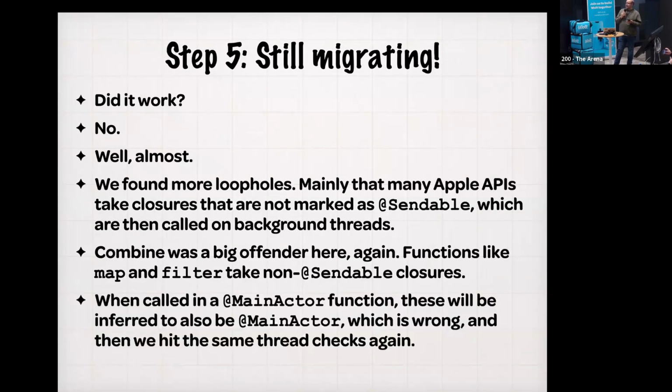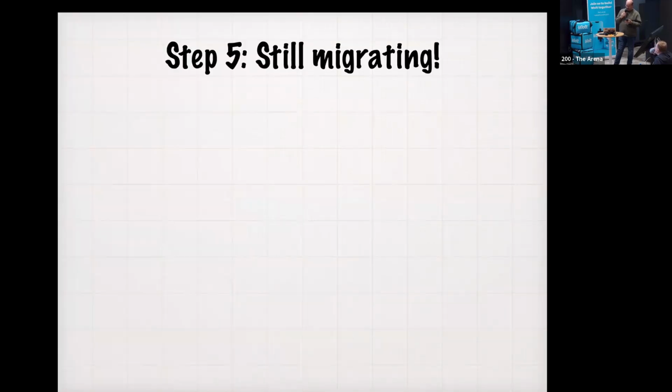And the thing is, if you call map in a function that is labeled main actor, then the compiler will infer that any closure that is not marked sendable will also be called on the main actor, and it will add the tests, and then Combine will call it not on the main actor, and you will crash. So basically, we had to fix that.